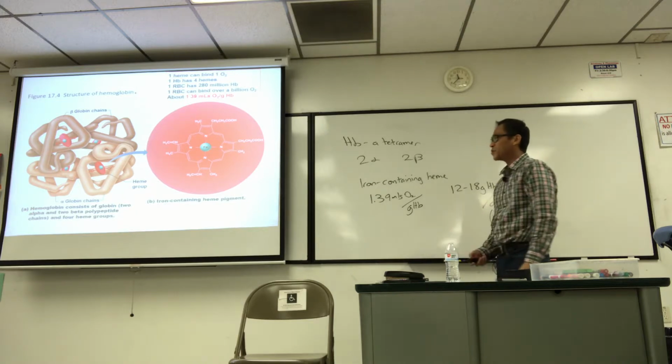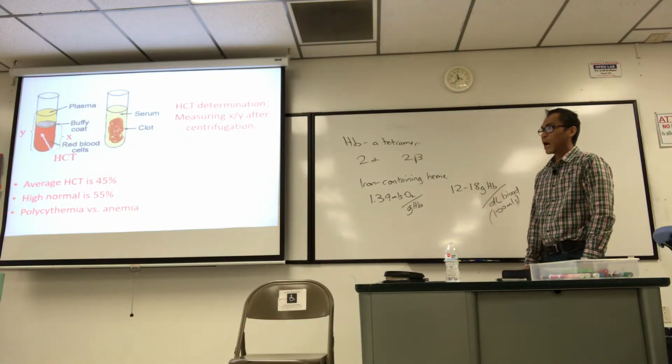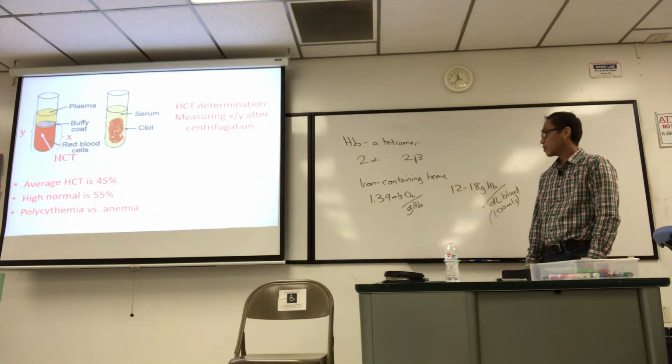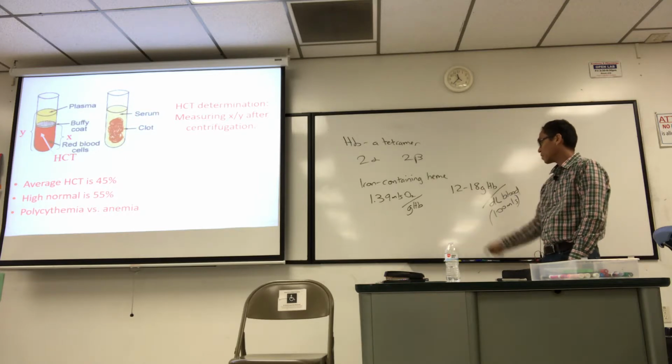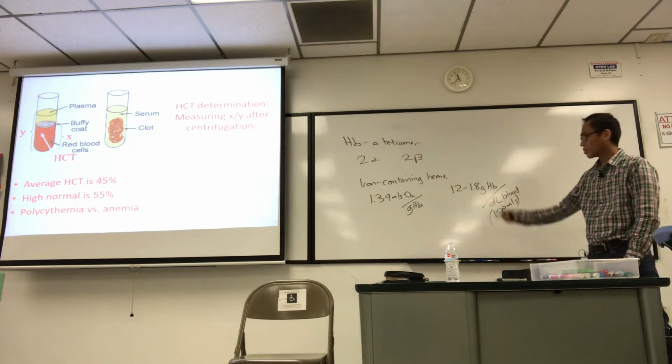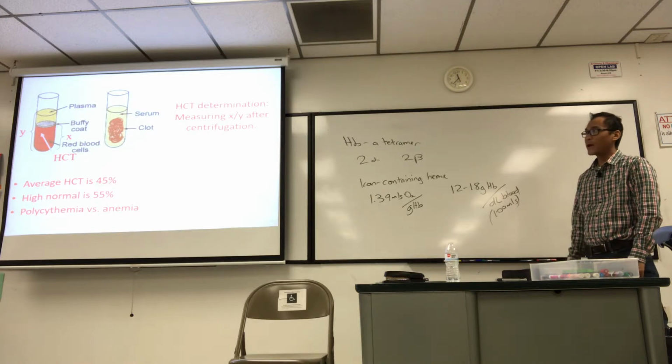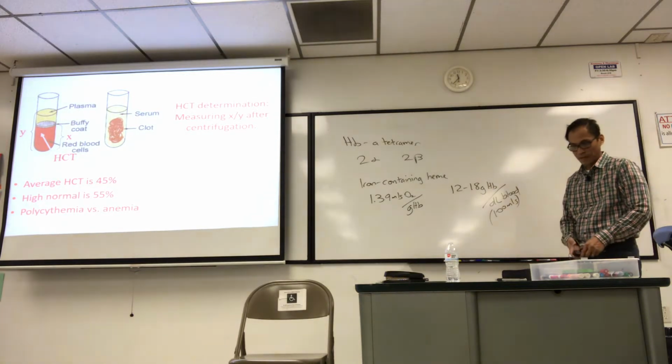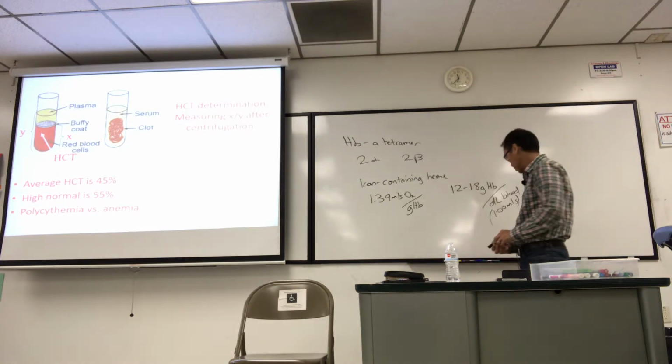So there are different ways you can assess a person's oxygen carrying capacity. Well, one is by measuring the hemoglobin directly. That's the normal range. Another quicker way is just to look at the proportion of RBCs to whole blood. That's called a hematocrit determination.